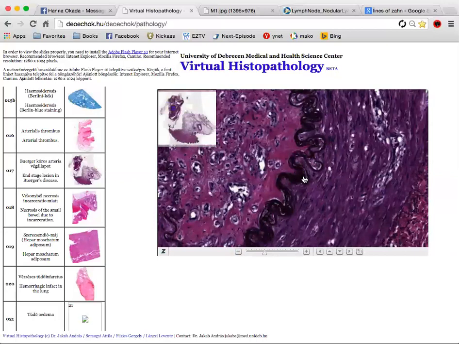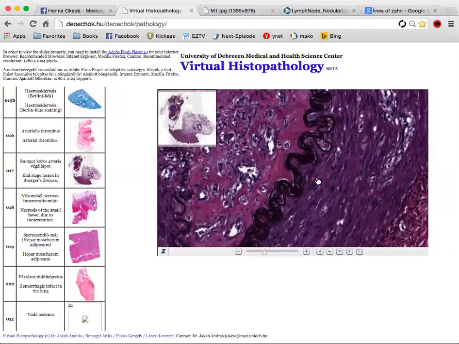And the reason it looks like this is because there's shrinking of the collagen fibers. And this is pathognomonic for Berger's disease. Pathognomonic means a pathological feature that is very unique to a certain pathology.